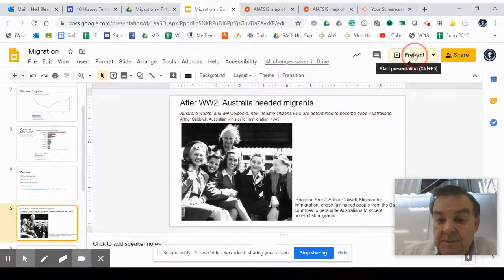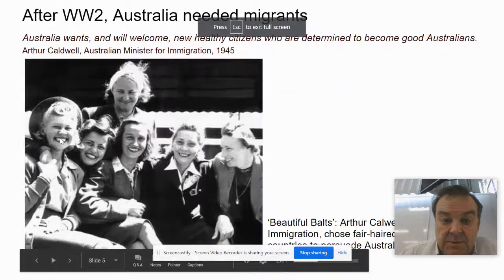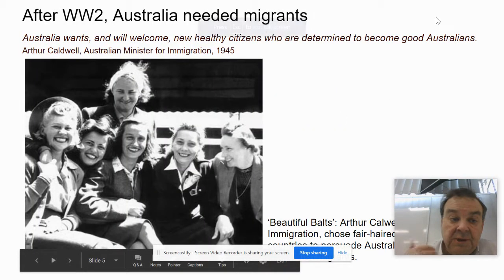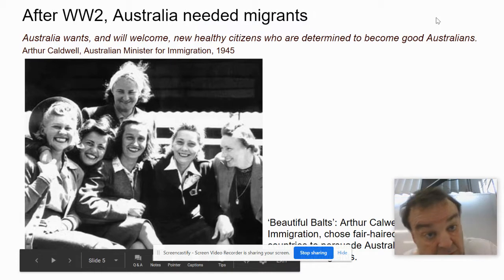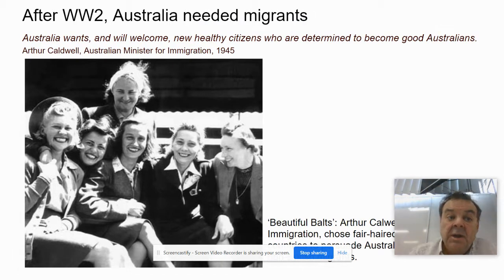So this is what we'll be looking at in week 2. Arthur Caldwell, Australian Minister of Immigration, 1945, said Australia wants and will welcome new healthy citizens who are determined to become good Australians. Down the bottom here it says beautiful Balts.